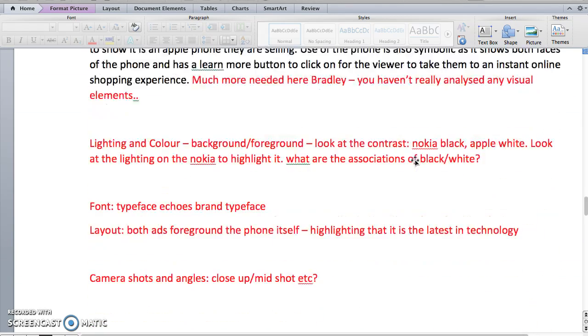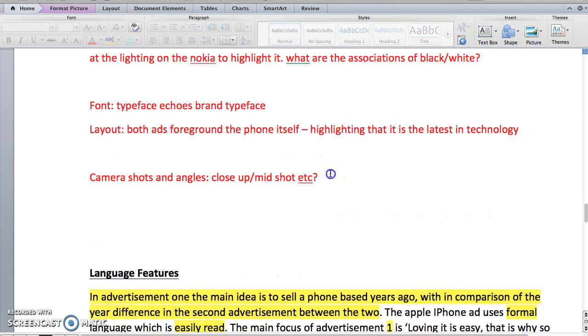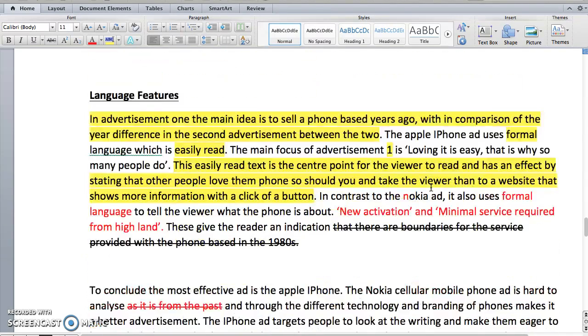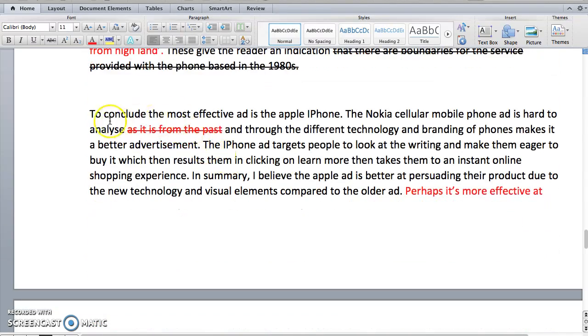You can talk a little bit in the visual elements about the interactive icon, okay? The learn more. Okay, to conclude, well, you say the most effective ad is the Apple. You don't like the Nokia phone ad, that's clear, but you haven't actually analysed it within the context of the time.